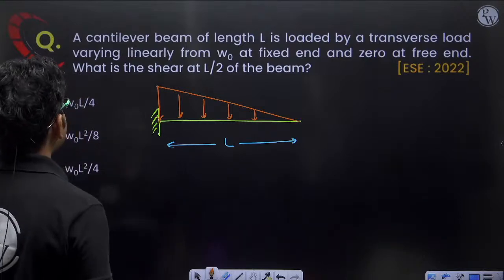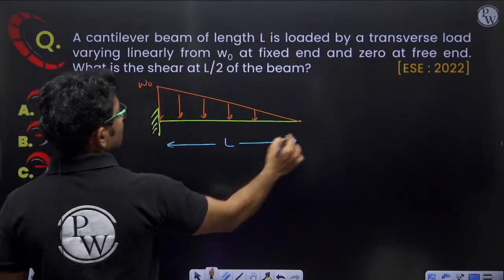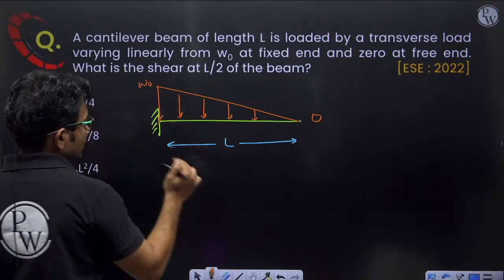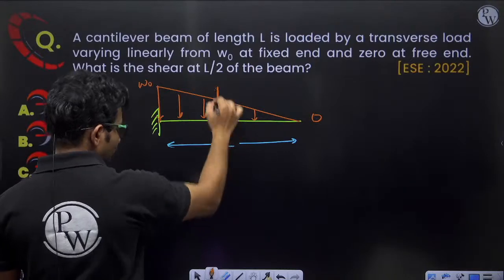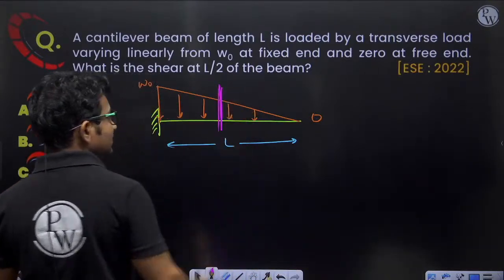What is the shear at L by 2? At L by 2, how much will be the shear force?